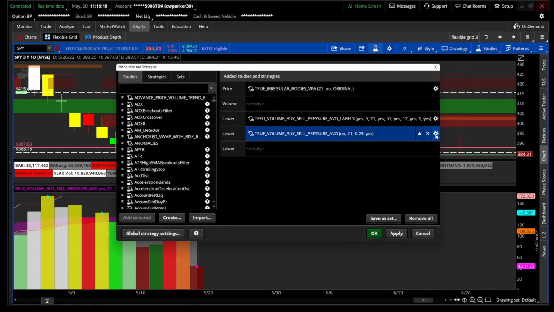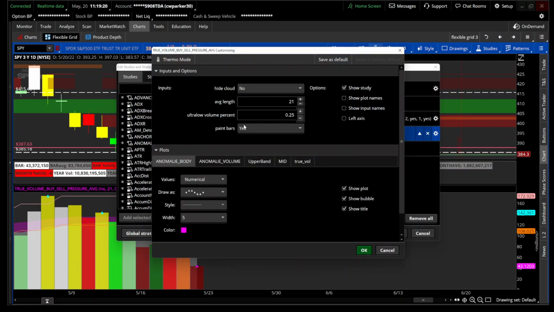The way that works out is this. You can come over here and you can dictate what you consider ultra low volume by changing this percentage right here. Right now I have it set at 25%. So if that volume is lower than 25% of the candle, then it's considered ultra low for me.